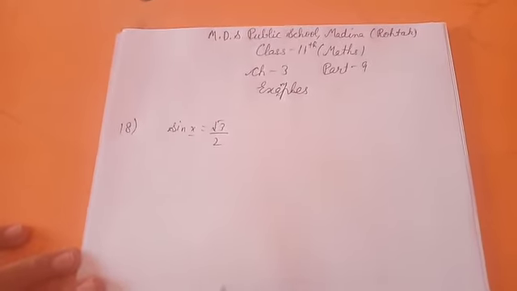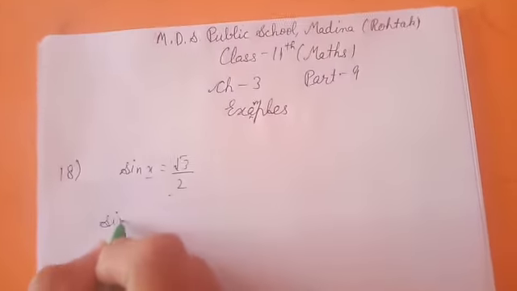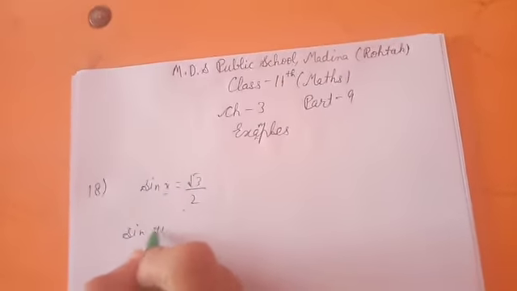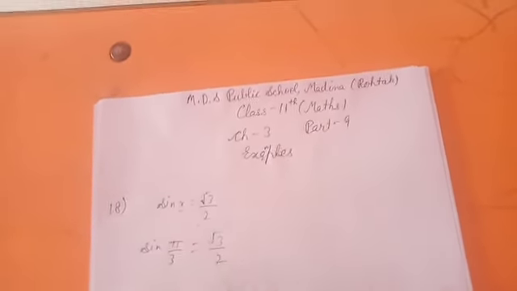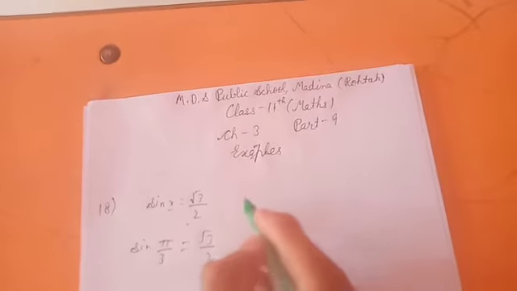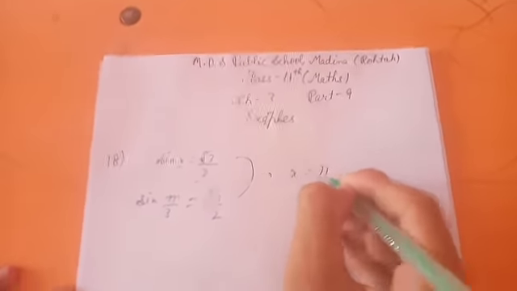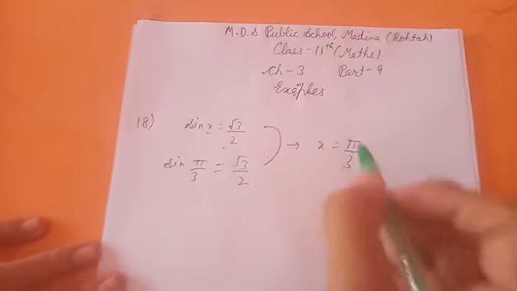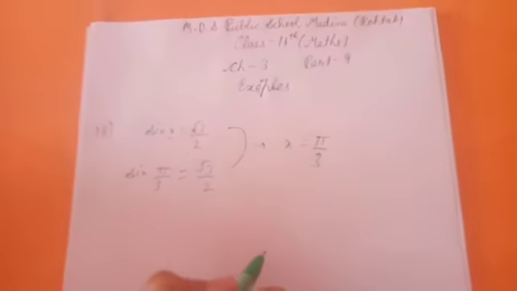Now we know sin pi by 3, means 60 degree, is equal to root 3 by 2. If we compare this, what we get is that x is equal to pi by 3. Okay, one solution we have found out. Now we will check, is there any more solution?